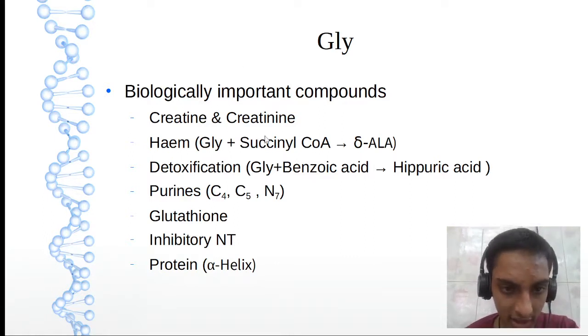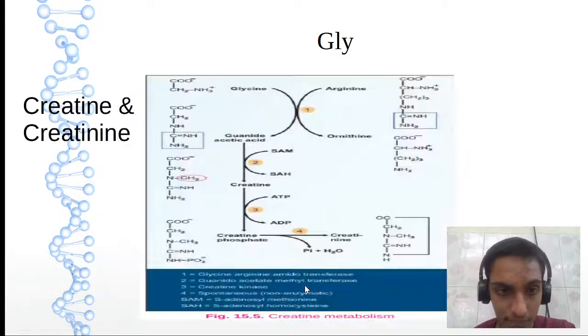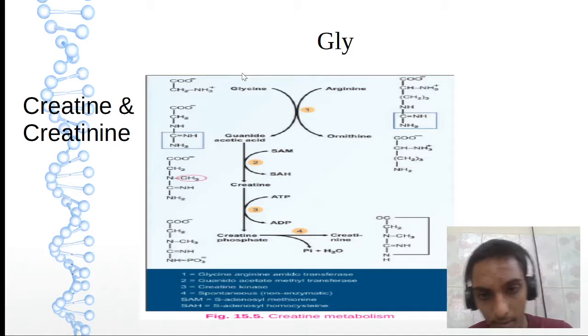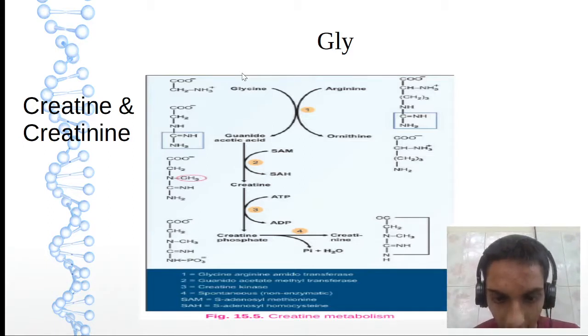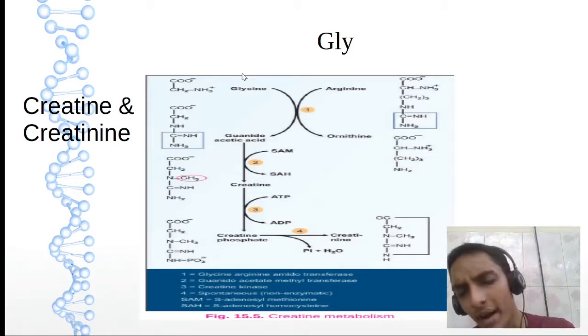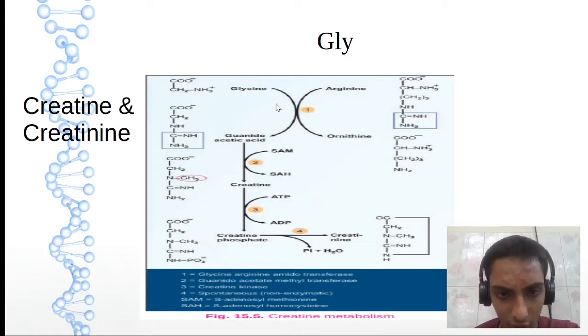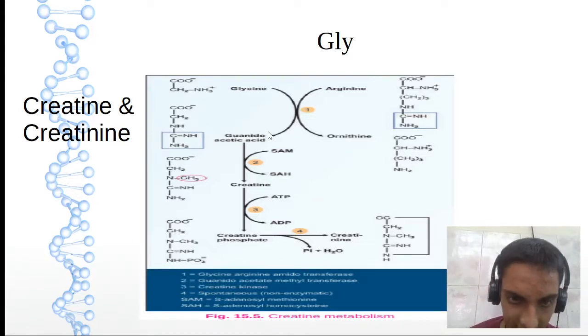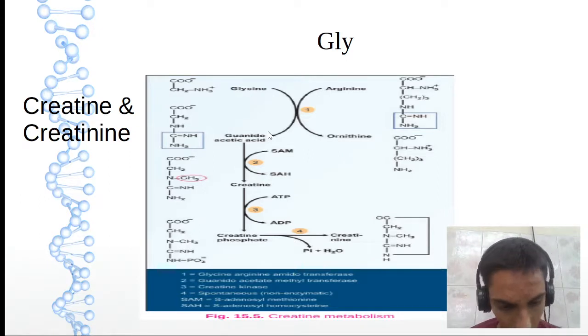Talking about creatine and creatinine first, we can see here arginine, which is coming from the urea cycle, combines with glycine by the enzyme amidinotransferase, or amidotransferase.